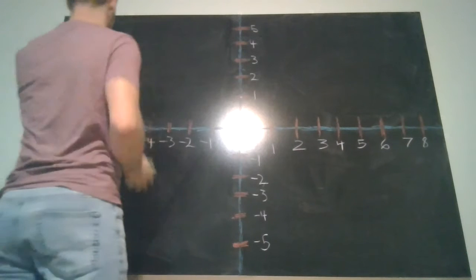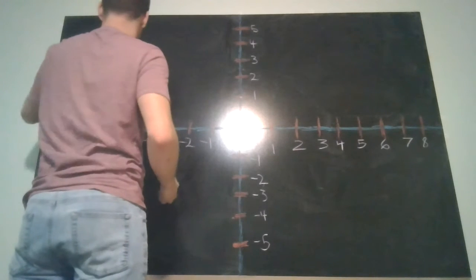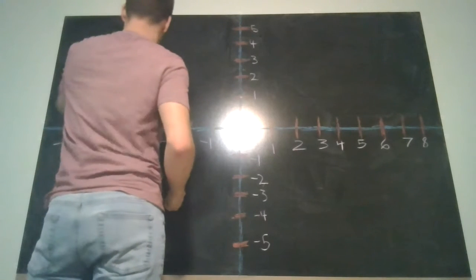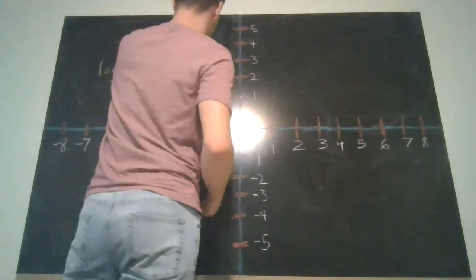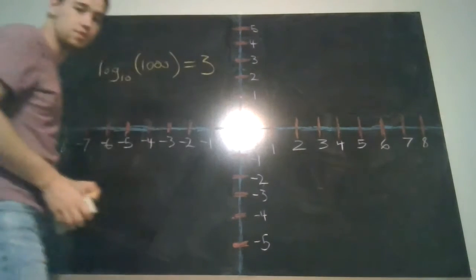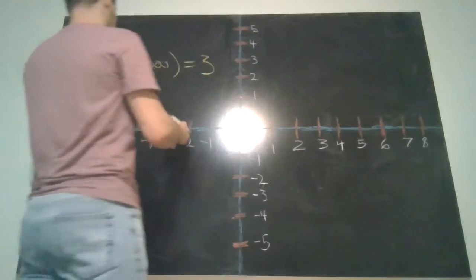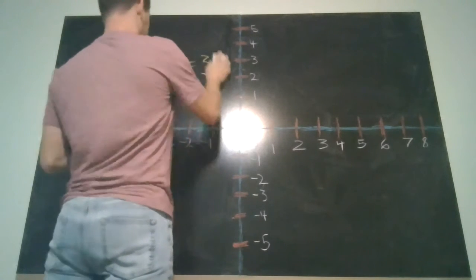So like log base 10 of 1000 equals 3, because 10 to the 3rd power is 1000.